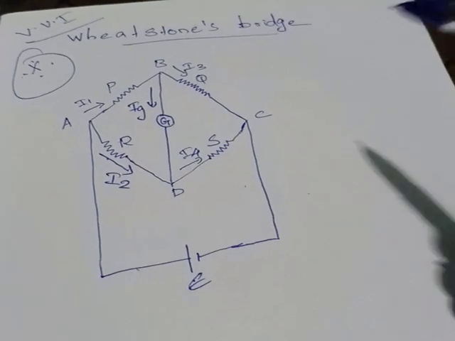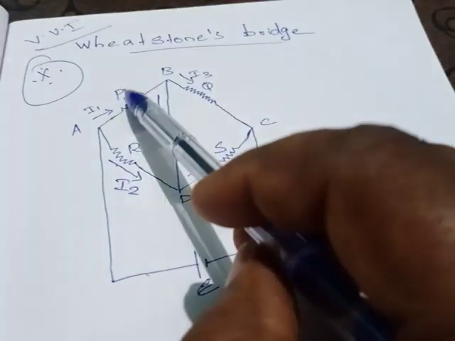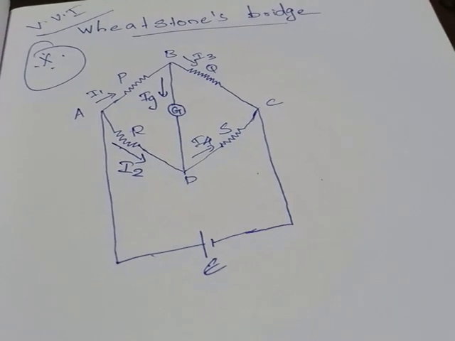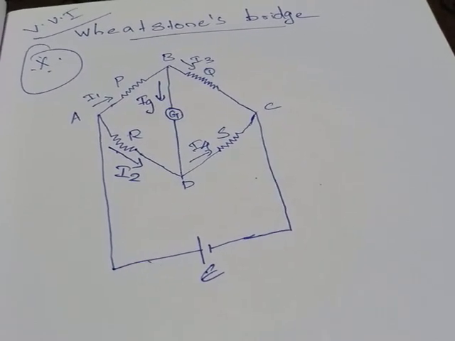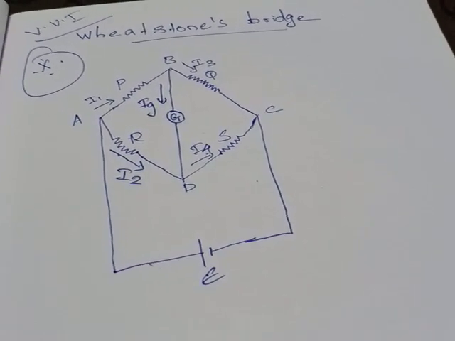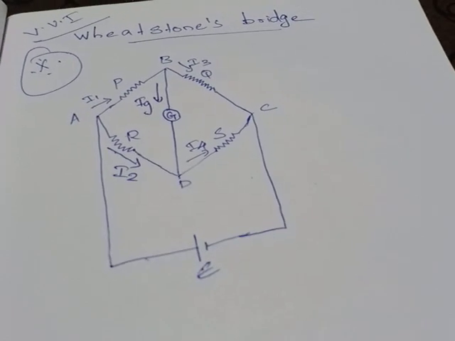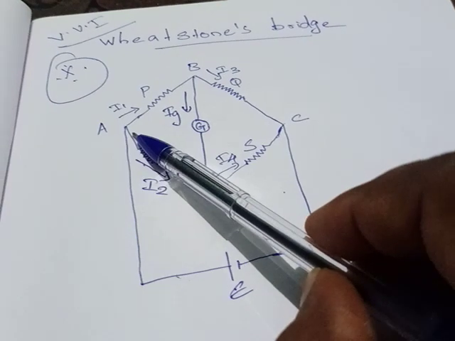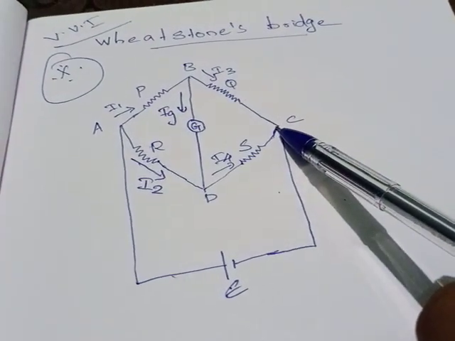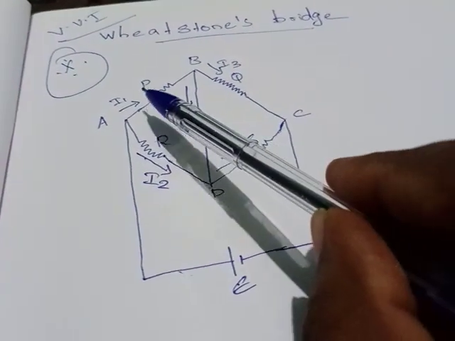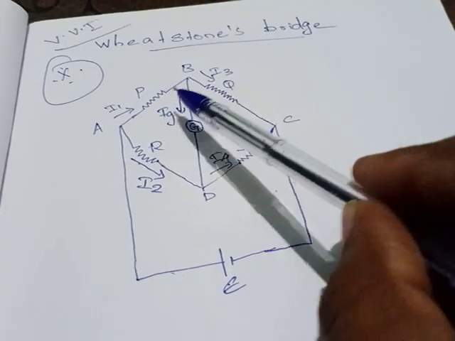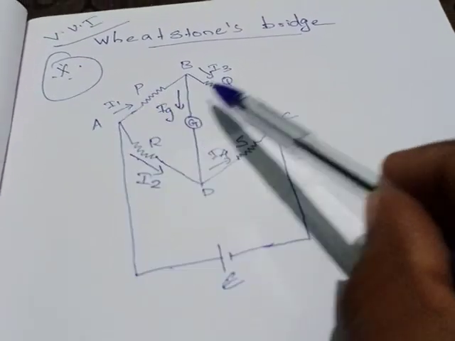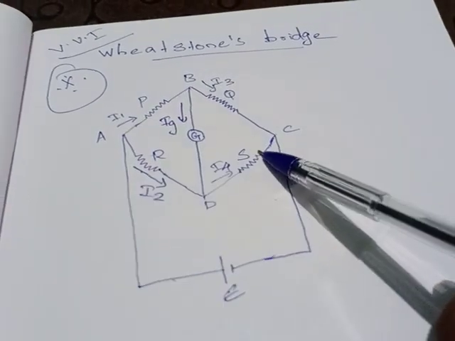So what is the use? Here you can see 1, 2, 3, 4 resistances. By using this Wheatstone bridge, they are comparing resistances and determining the unknown resistance. Suppose they know these two adjacent side resistor values, then the other two they can compare.